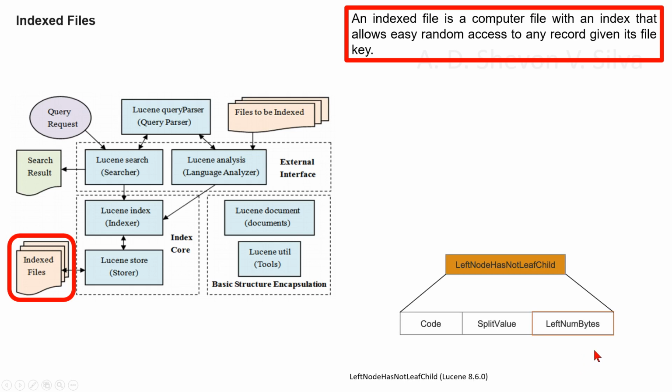Here you can see the left node has not leaf child. Code, split value, and left num bytes describe the same meaning. Left node has not leaf child consists of code, split value, left num bytes.